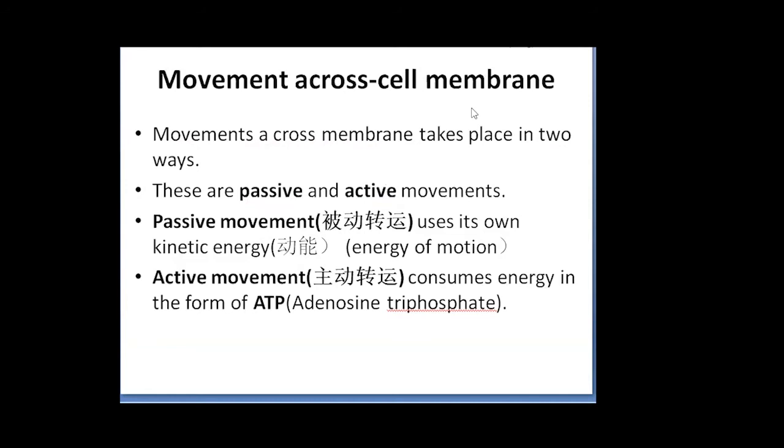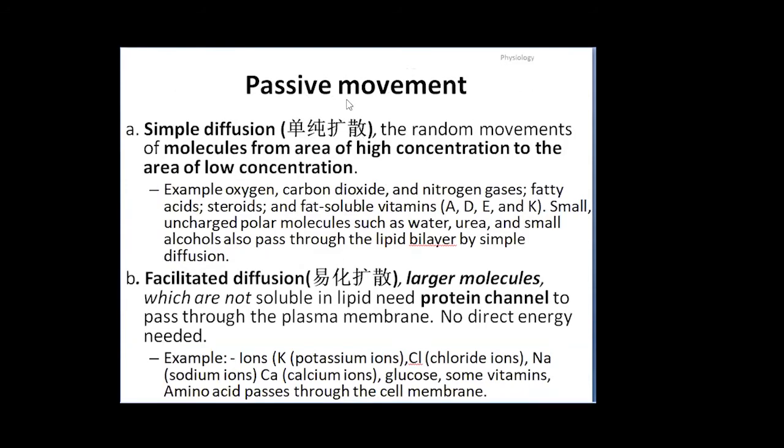Then for passive kind of movement, we don't need energy, but we still have different ways. The first way we call simple diffusion.